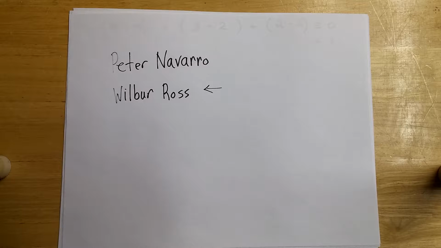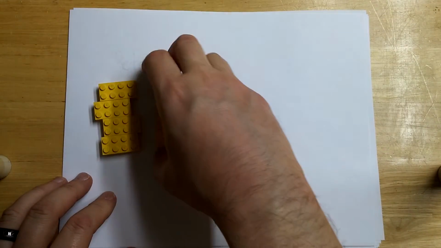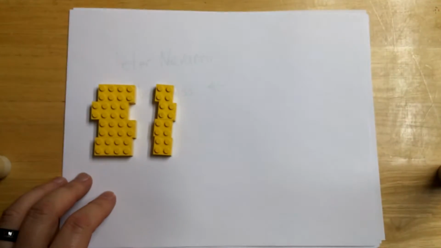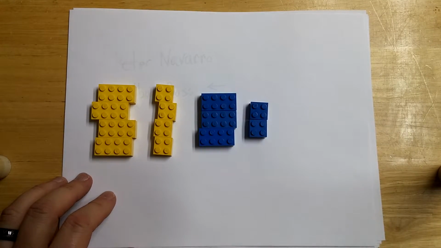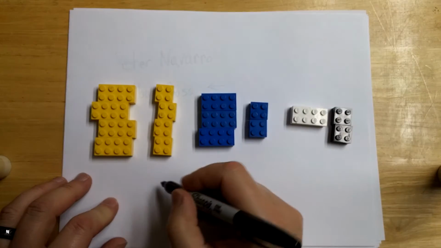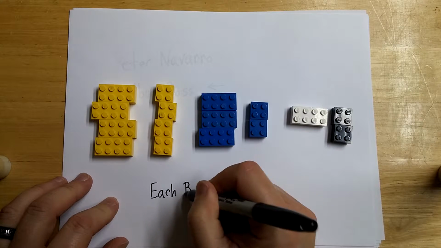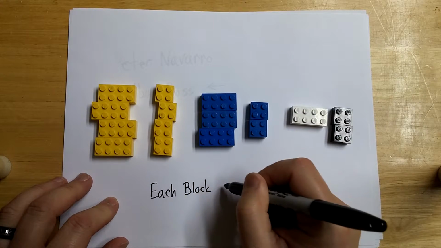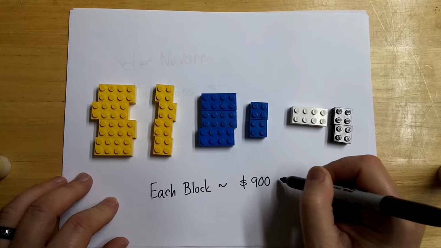So I actually have chosen the blocks here to be appropriately sized for the economy, okay? So when I had all of these things out here, like so, I was thinking of each block as approximately $900 billion.